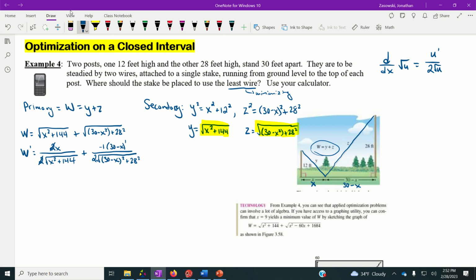So that's where this negative 1 is going to come from. So we can really think about this as just being x minus 30. When we multiply by negative 1, the signs are just going to change. Okay? There's our derivative. So worst case scenario, that's all we have to do.